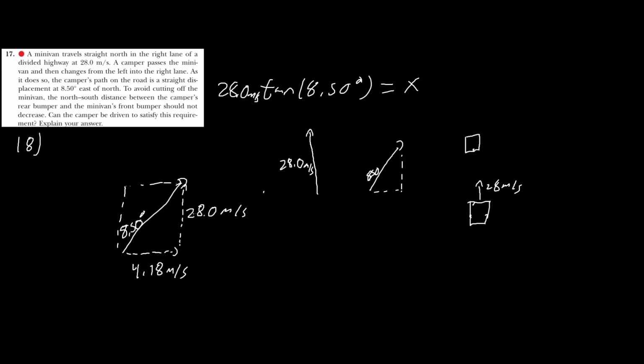As long as the vertical component is traveling at 28 meters per second, regardless of the gap between them, as long as the camper is traveling over this gap at that speed, the camper's component would be 4.810 meters per second. So let me pull, actually, I'm going to pull the solution manual.